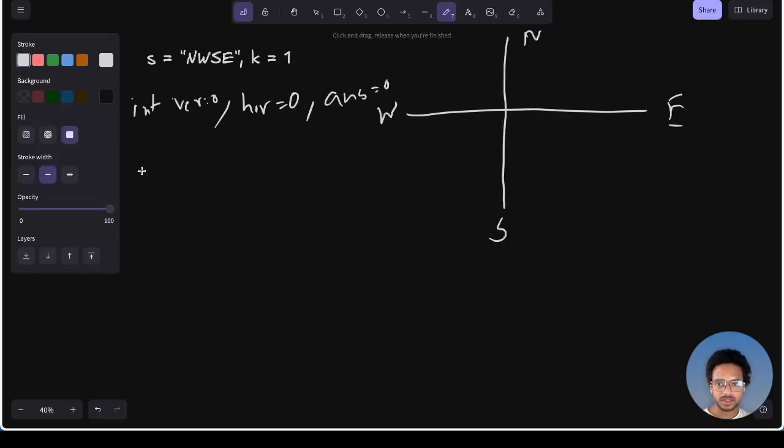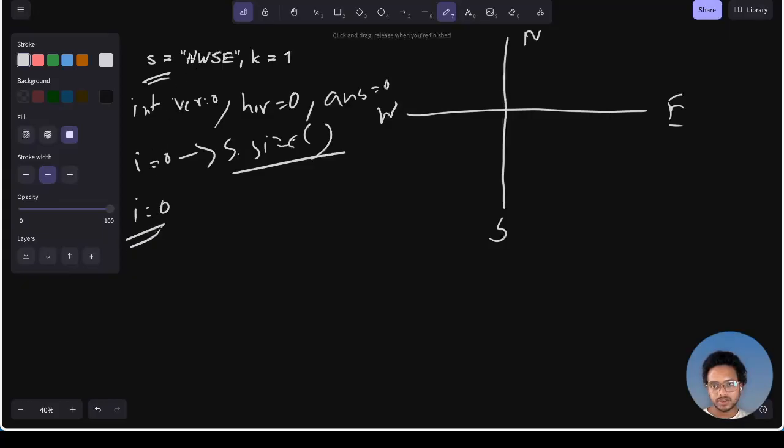Now, what I will do, I'll run a loop. I is equal to 0 to the size of s. When I is equal to 0, the length is 1, right? So if I is equal to 0, the length should be 1.